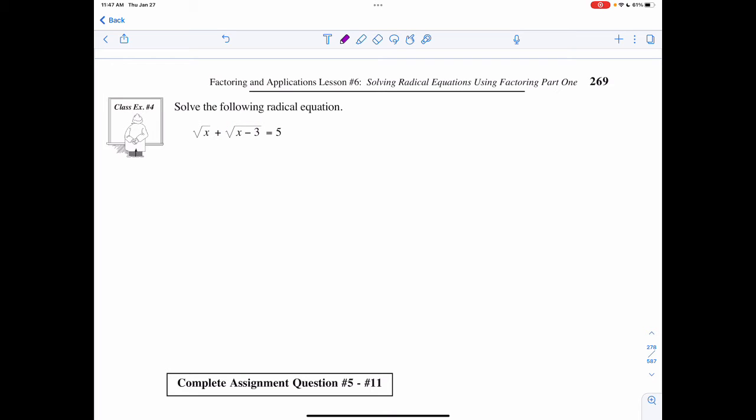So I'm going to say that the square root of x minus 3 is equal to 5 minus the square root of x. Then, when I square it, I've got to make sure I put brackets around it. And you need to remember that that would be 5 minus root x times 5 minus root x. If you get 25 minus x, your answer is wrong.